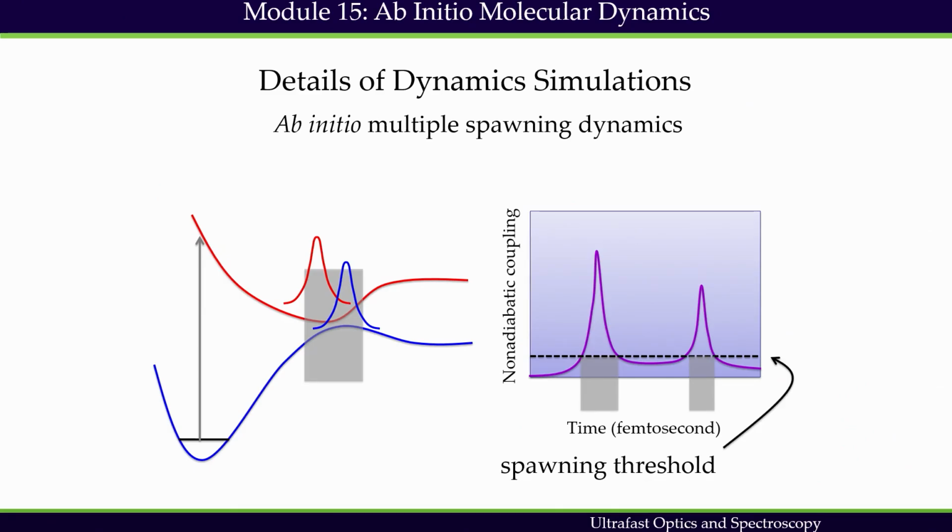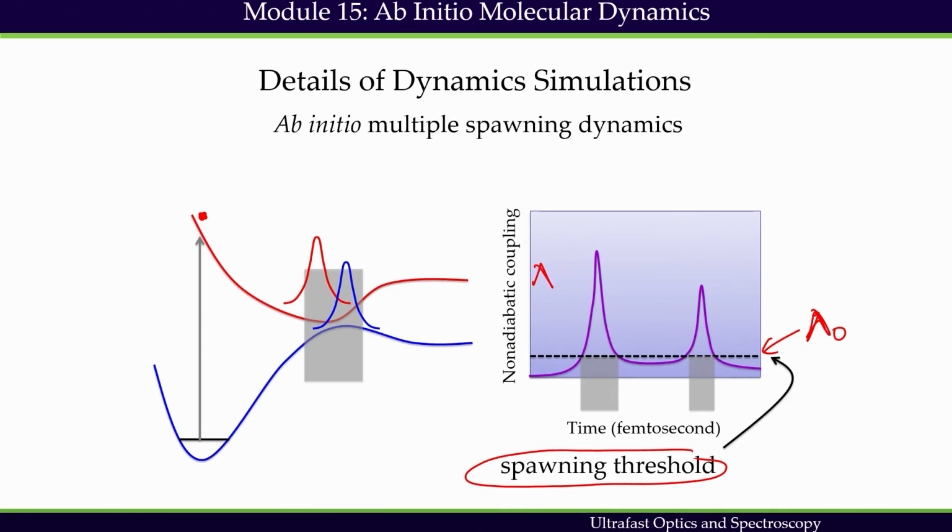So, let us say during these calculations I started the propagation from the FC point, which is the Franck-Condon point, where the vertical excitation is going on. Then it is propagating. During the propagation, each time I calculate the non-adiabatic coupling term, plotting how it changes. If it goes beyond a predetermined threshold value, let us say lambda naught, this is the lambda naught threshold value, and this is the lambda I am plotting.